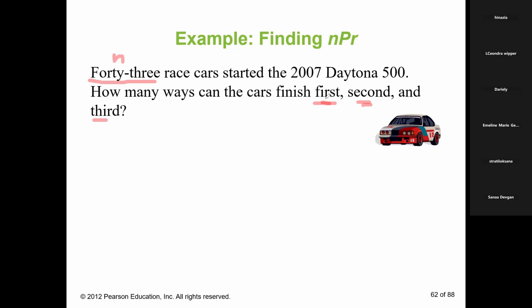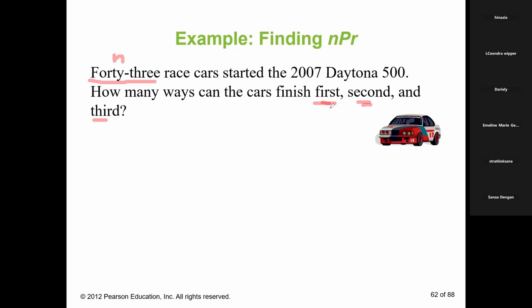So here there is order. Therefore, we're going to use permutation. Why did I say there is order? There is a first, there is a second, there is a third. So order. Got it? First, second, or third. Now, if they said two cars finish first, here there would be no order.